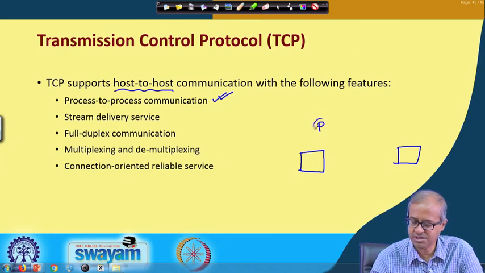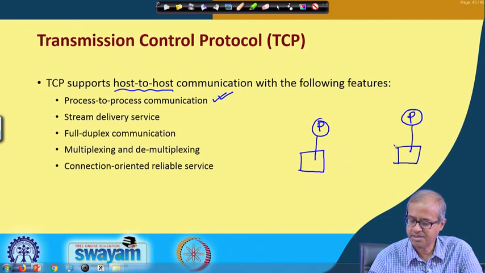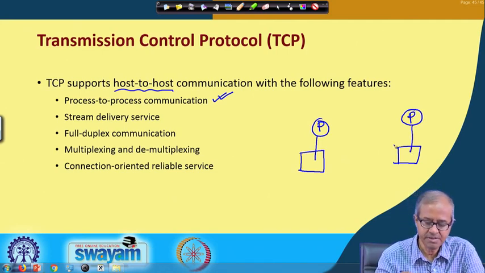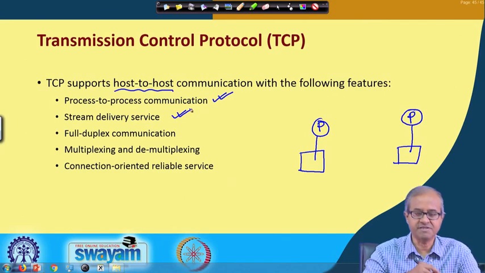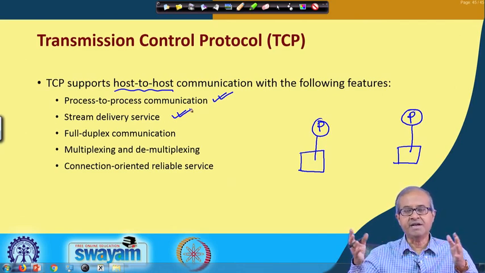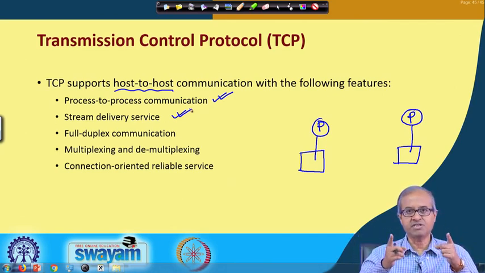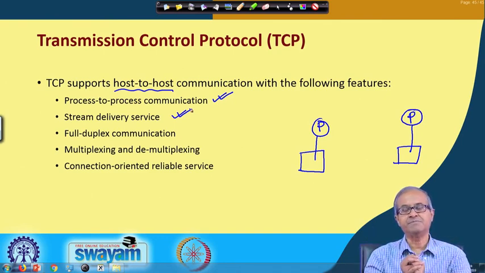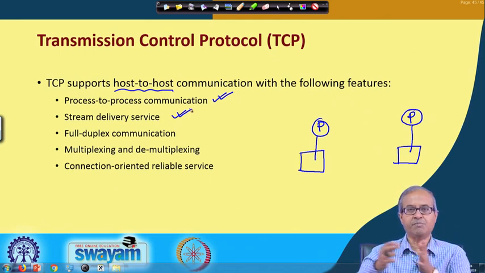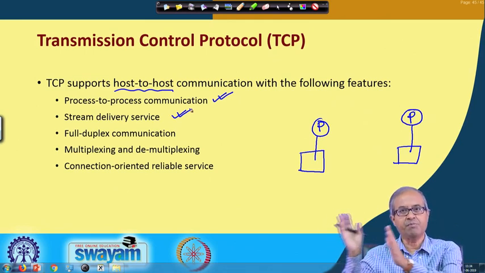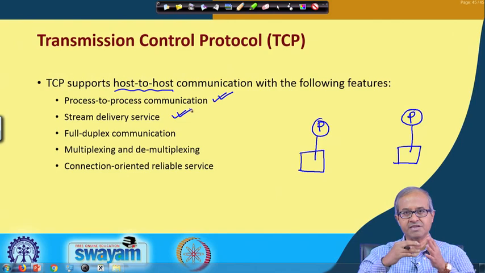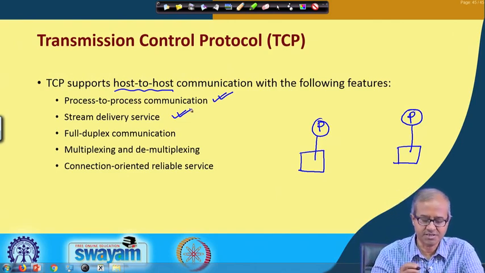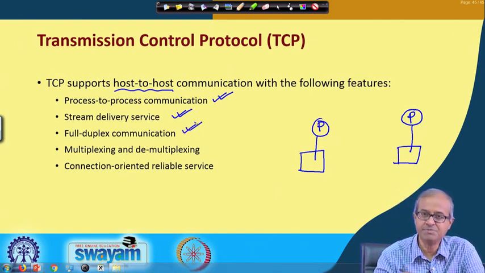There can be a process here, there can be a process here, they can communicate. Stream delivery service, the data that are being transmitted, these are called segments, they are considered to be a stream of bytes. A stream of bytes are sent, a stream of bytes are received at the other end. This is said to be a stream oriented service. Full duplex means both way communication, two way communication.